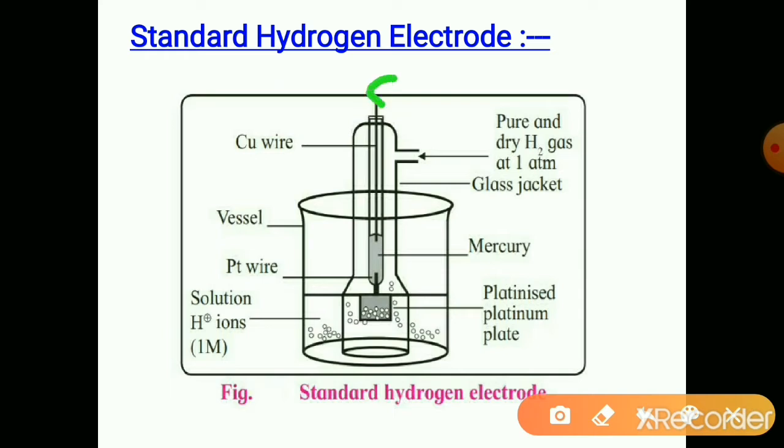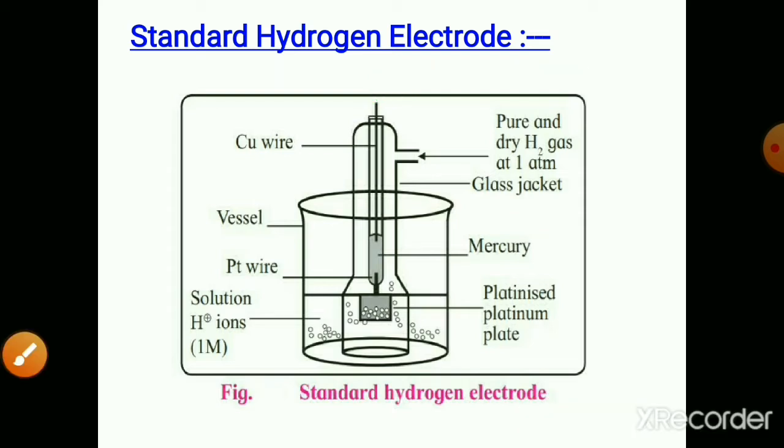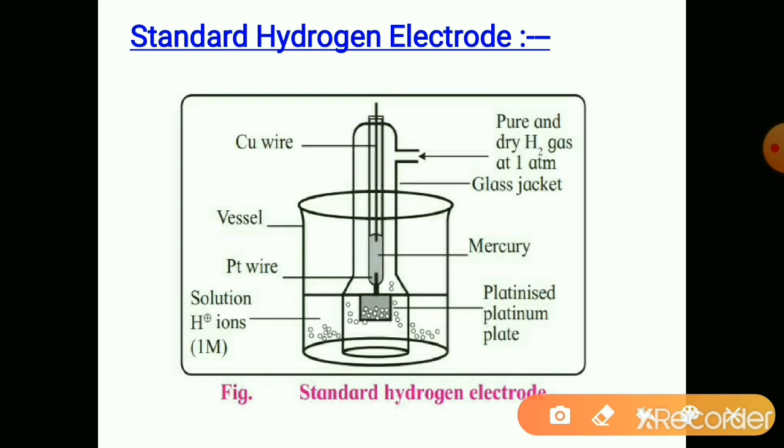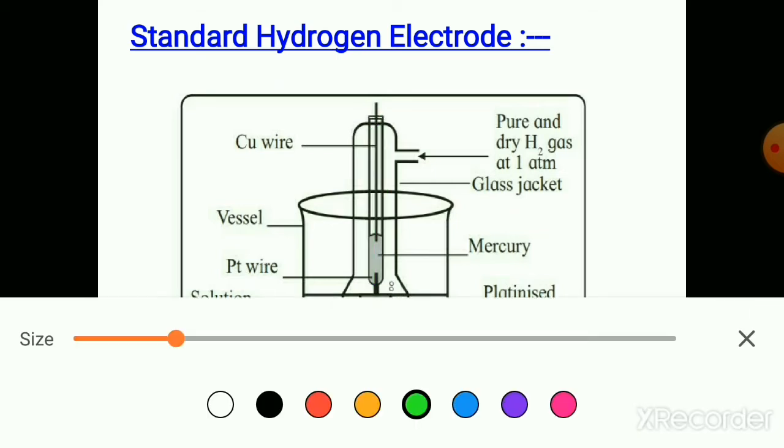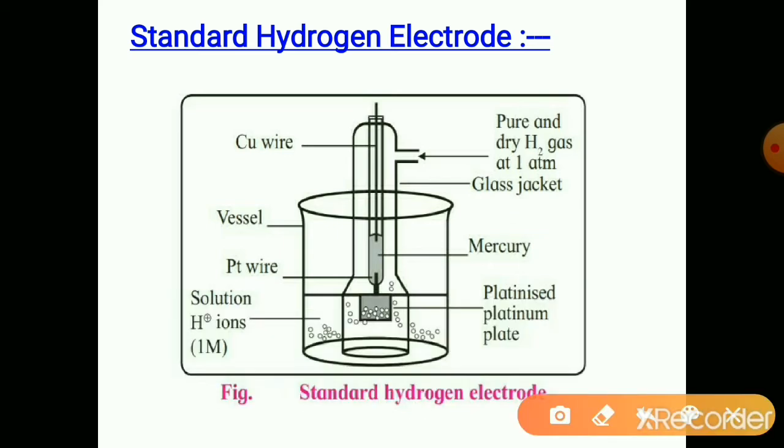This copper wire is required for the connection later. For connecting, this copper end is used. Now, this copper wire and platinum wire are fused in a glass tube, and this glass tube is covered by a glass jacket. Such a jacket you can see here, which has one inlet.